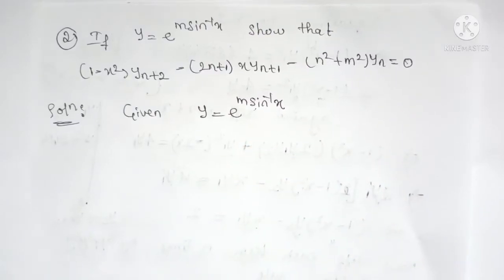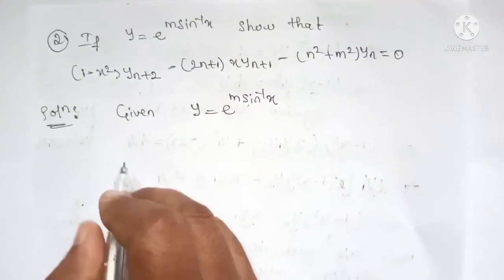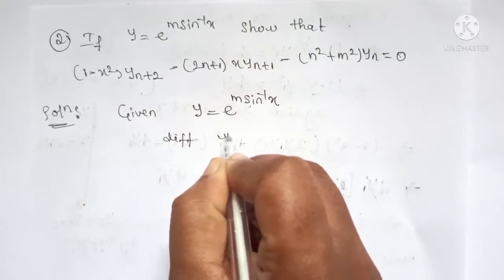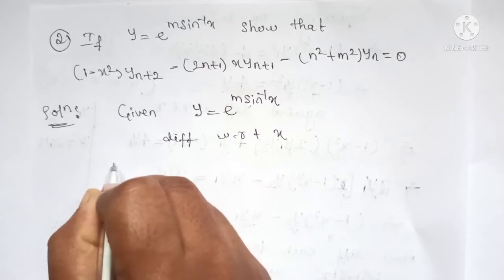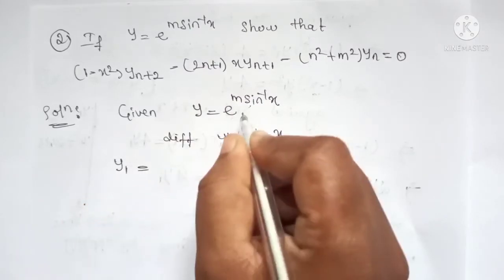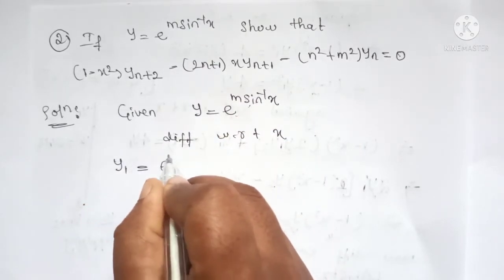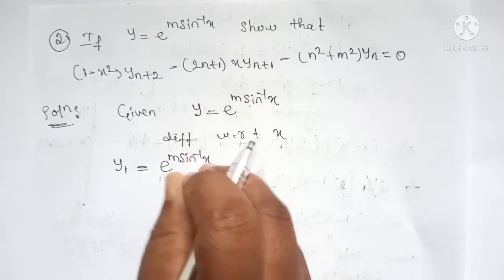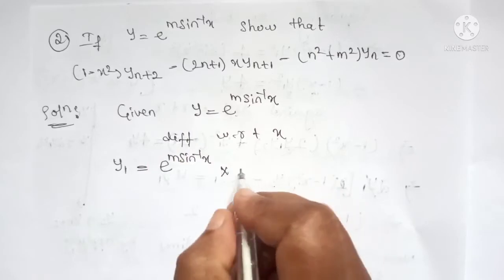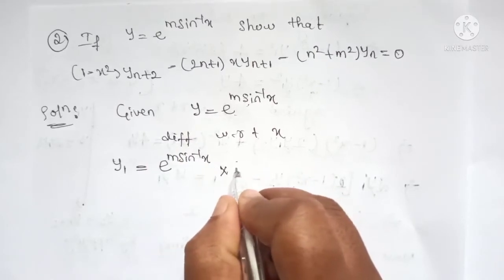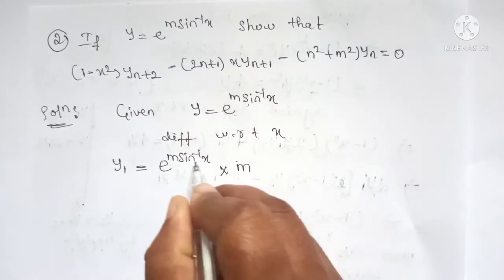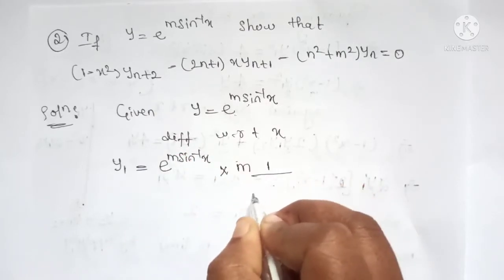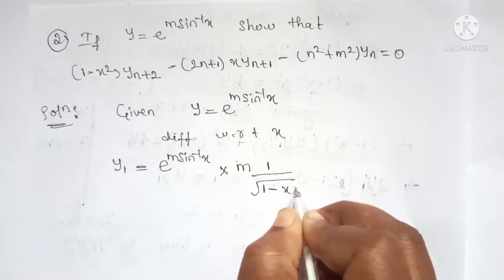Okay, so here differentiating this one with respect to x, we get y1 equals to e raised to m sine inverse x as it is, into the differentiation of m sine inverse x. The differentiation of m sine inverse x is m into the differentiation of sine inverse x, m is constant, and the differentiation of sine inverse x is 1 divided by square root of 1 minus x square.